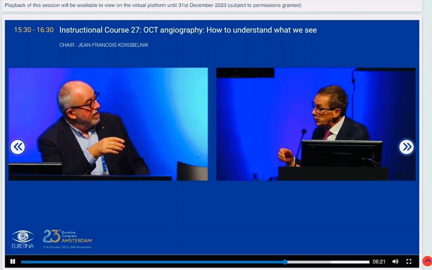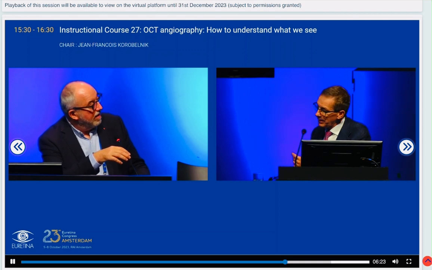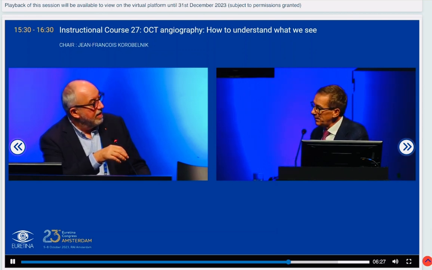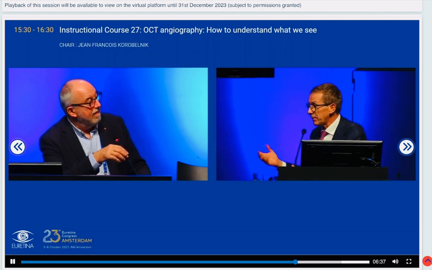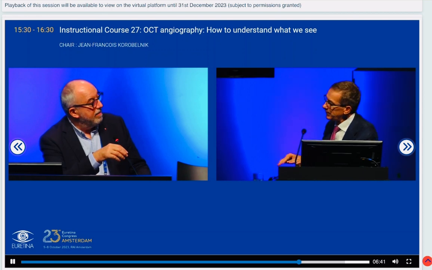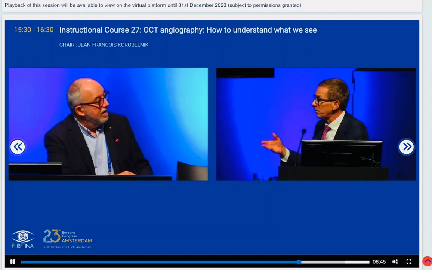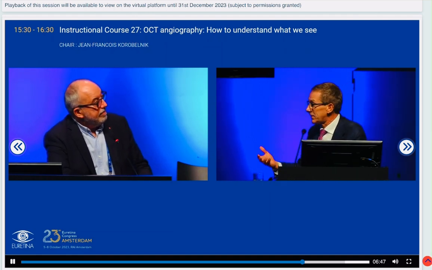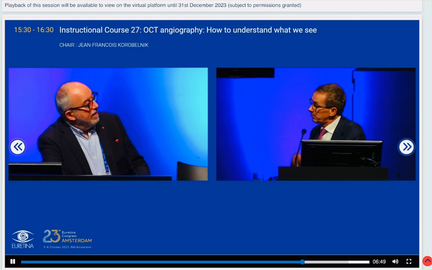But if you want to differentiate, for example, lesion types, I think OCTA is not the best instrument, because if you have, for example, a type 3 neovascularization, it's not easy to detect. If you have a polypoidal lesion, the polyps sometimes are not visible. So I think it's important at the beginning. And the other thing is that it doesn't give you the information about the activity of the lesion. And B scan is much better.